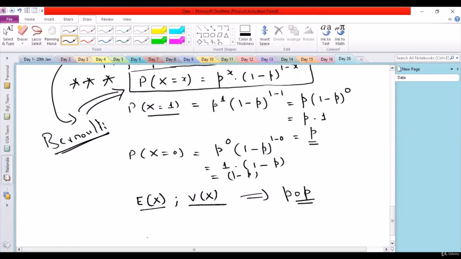If I know these values, I can explain my population behavior completely. So you need to know the formula for the expected value of X. As per the definition, it is nothing but sigma xi multiplied by the probability when X is equal to xi.